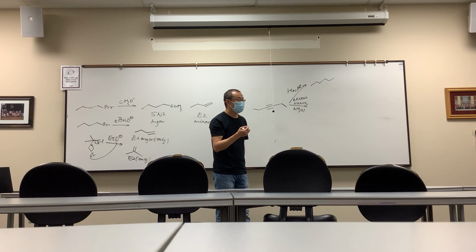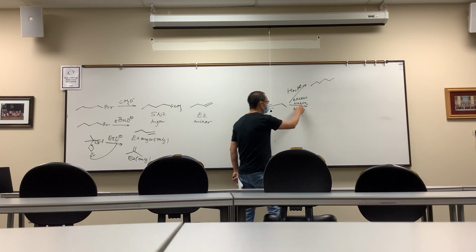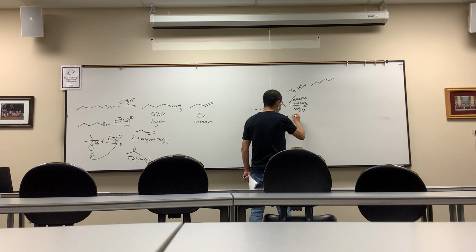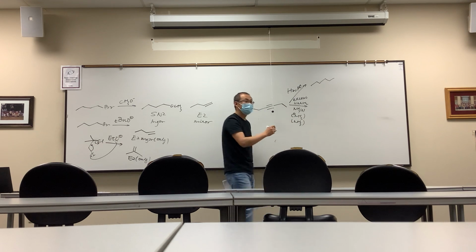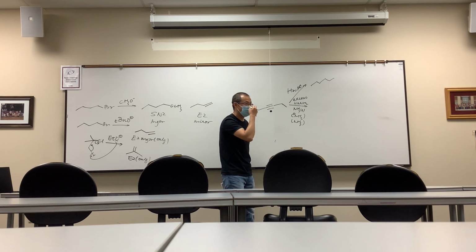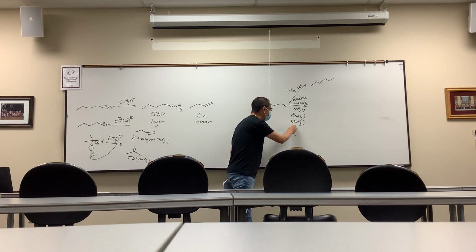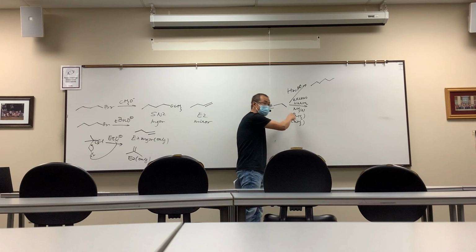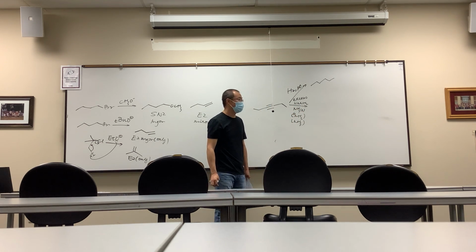Is it a weak or strong base? This is NH2 minus. NH2 minus came from NH3. NH3 is a very weak acid. You can see the pKa is very, very high, 30 something. If this is a weak acid, this is a very strong base. So basically this condition is a strong base. Nothing else.